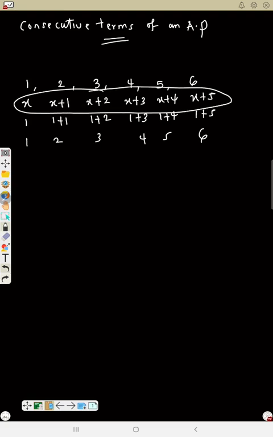So if I say, for example, the sum of 2 consecutive terms of a number is 8, find the number. I'll say let the consecutive terms be x and x plus 1. So that will be x plus x plus 1 is equal to 8. That means the sum of 2 consecutive terms of a number is 8.